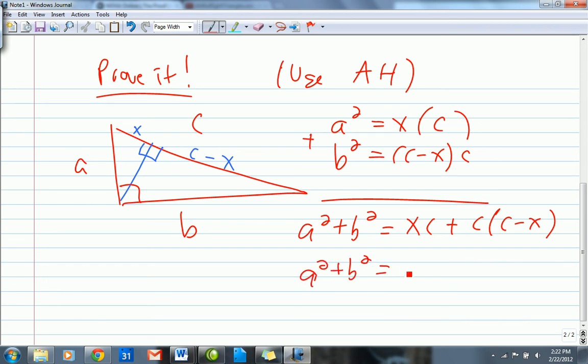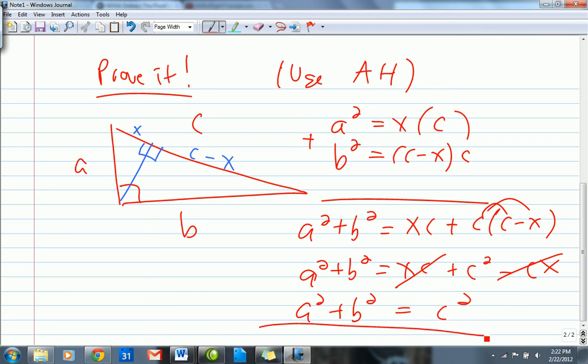And what do you think we get on the right? Well, I'm going to distribute that c to get c squared minus c times x. And lo and behold, x times c minus c times x is 0. So of course we end up with the Pythagorean theorem. And that's a little slick proof of the Pythagorean theorem, one of the slicker ones I've seen.